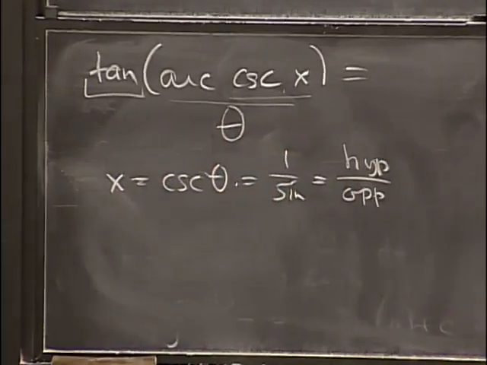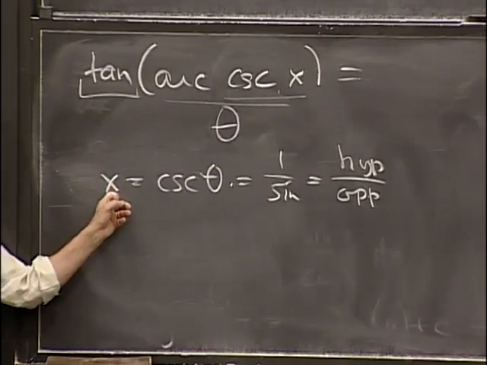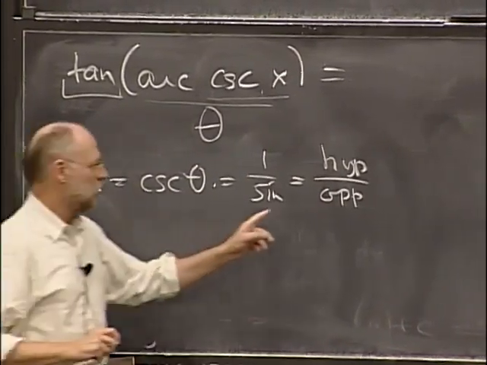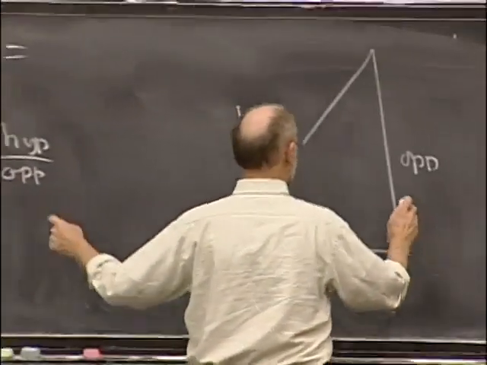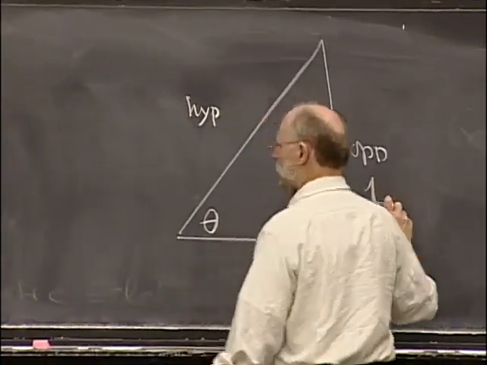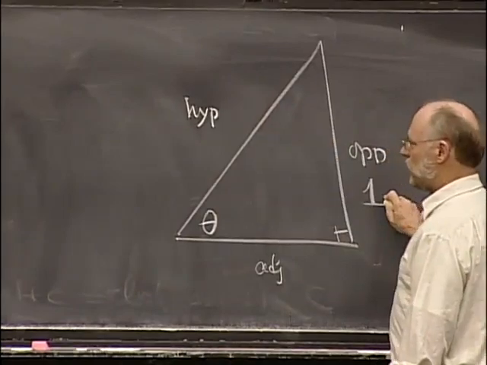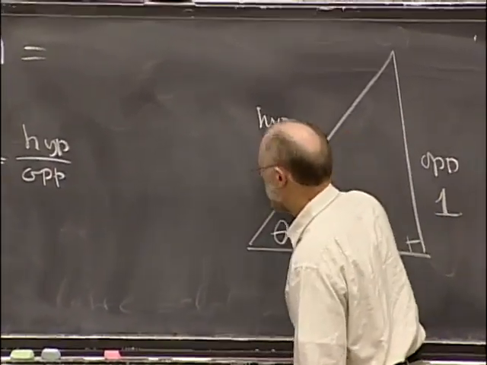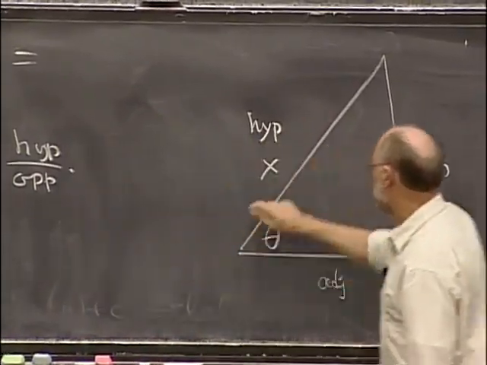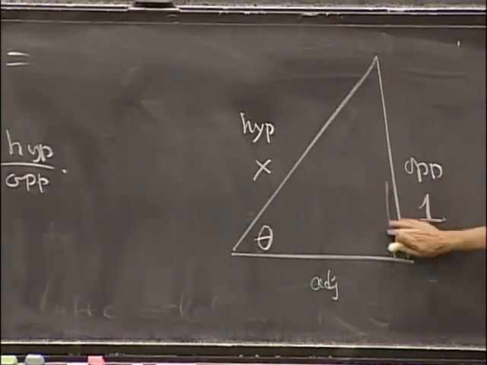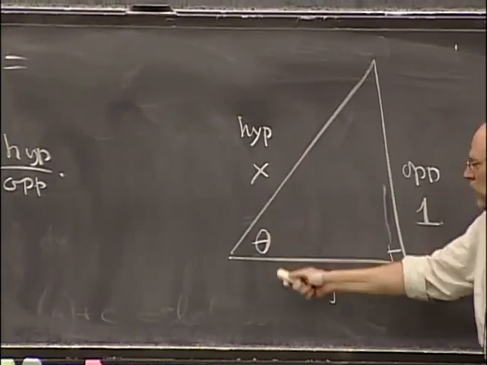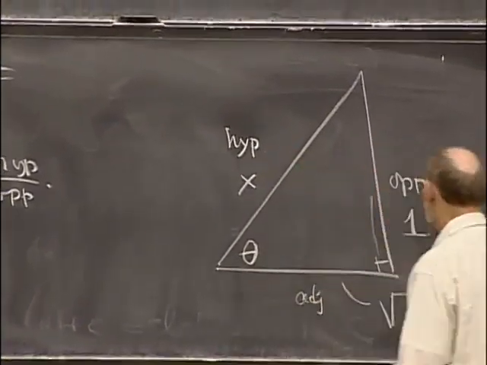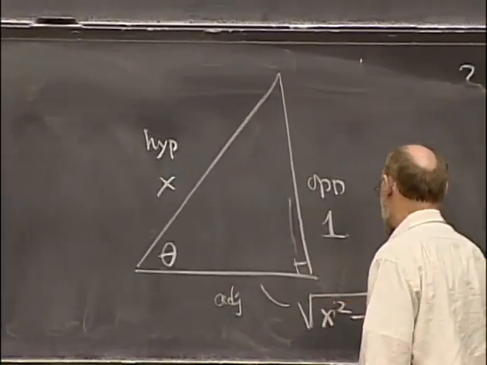So I get hypotenuse over opposite, and that's supposed to be x. I could make the opposite anything I want, but the simplest thing is to make it 1. Then the hypotenuse had better be x, and I've recovered this. So here's a triangle that exhibits the correct angle. The remaining side is going to be useful to us, and it is the square root of x squared minus 1.